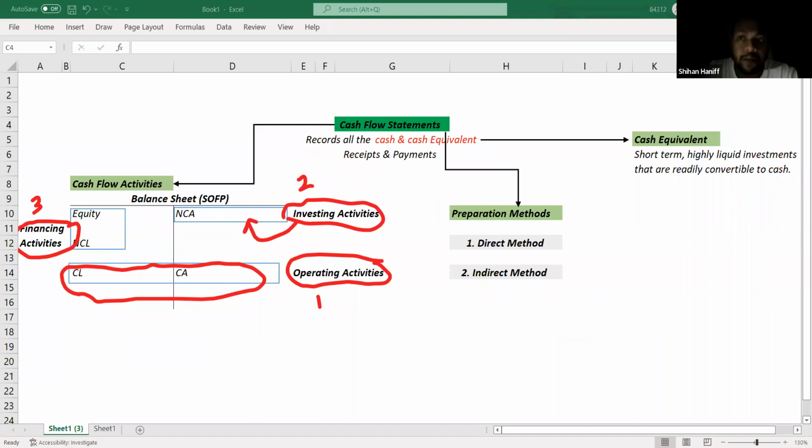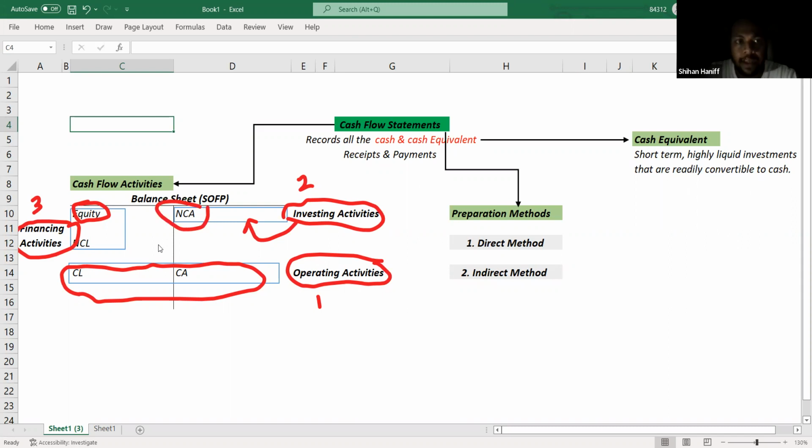Then dividend payment, last one. What is the activity? Dividend payment, yes, that is finance because dividends are paid for our equity, our stated capital. If you pay dividend, that is a finance activity. If you receive dividend, that is an investment activity.